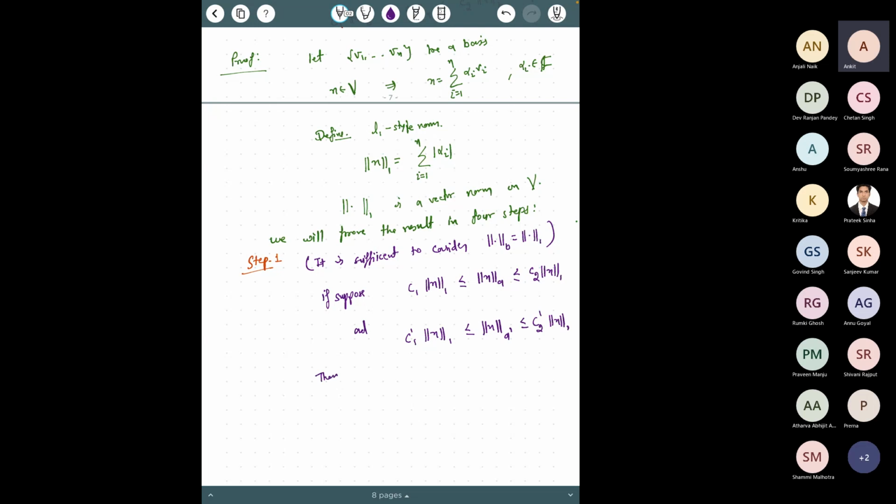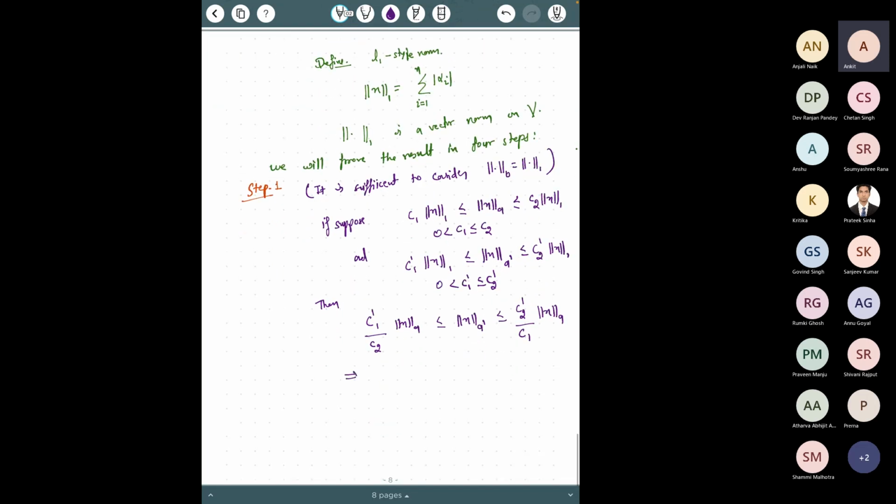Then clearly we can utilize this. From this you can easily formulate that norm A and norm A dash are equivalent.